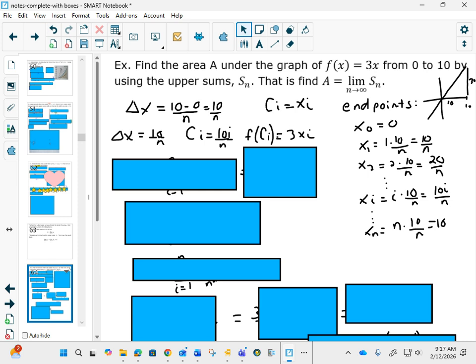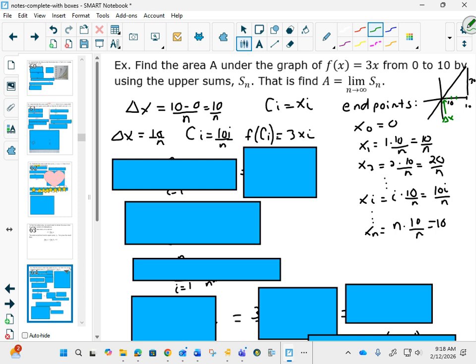So the change in x is 10 over n. ci will be 10i over n. Let's see if we can make sense of that. Okay, if the change of x is 10 over n, that's telling us one of these spaces is the change of x.